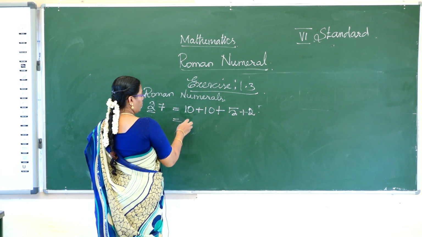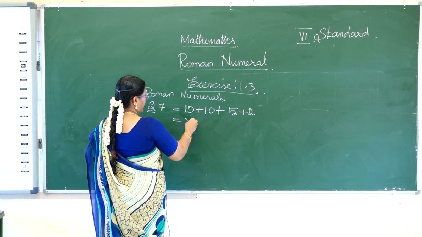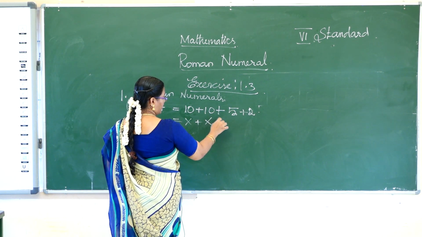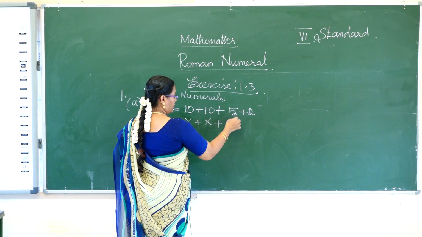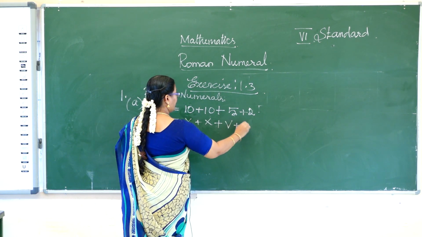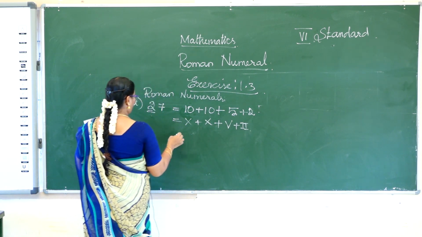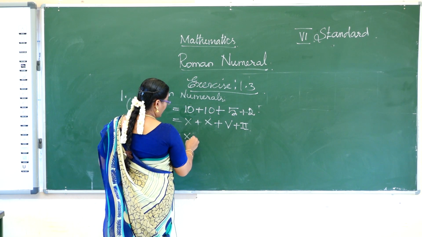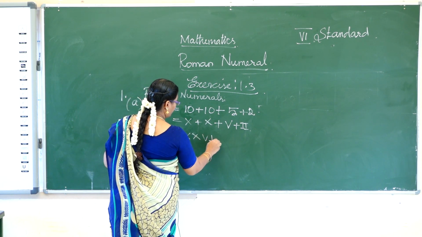So what is the Roman letter for 10? X. Here 5 is V, and 2 is I I. So the form in Roman letters is X X V I I.